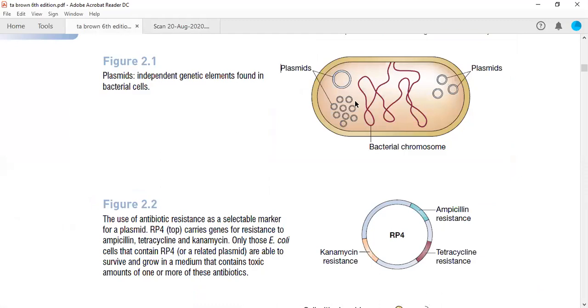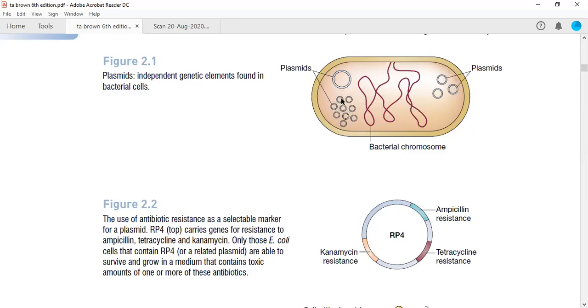Now the question is, do the bacterial chromosome and plasmids share the same machinery for replication and protein synthesis, or are they independent?